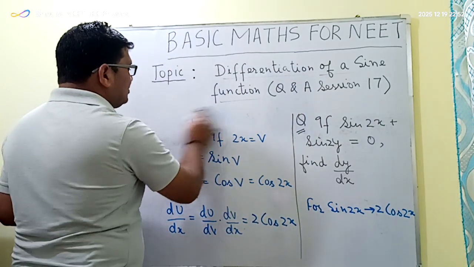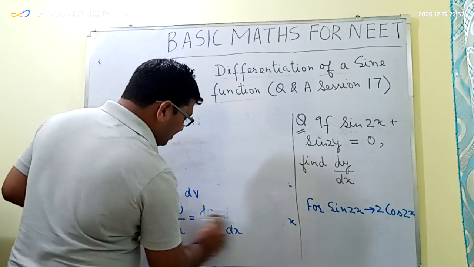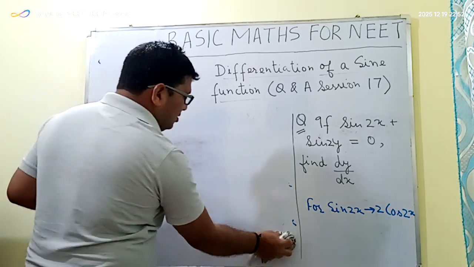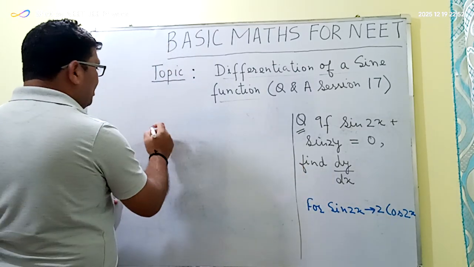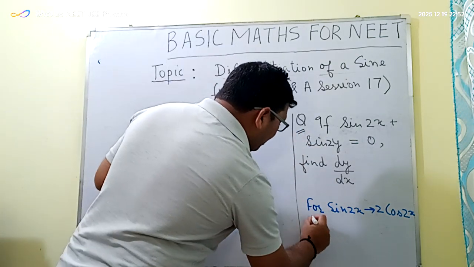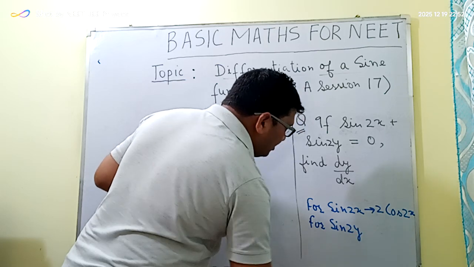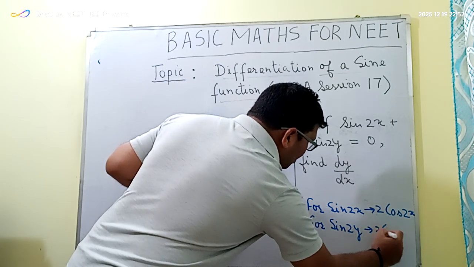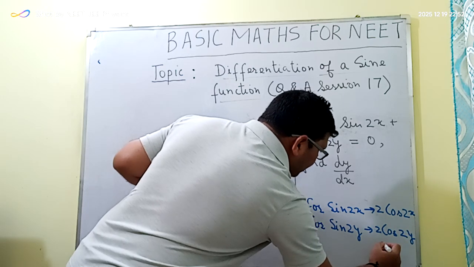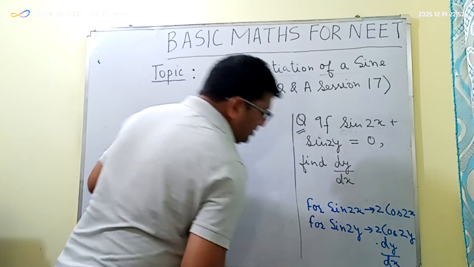Now similarly for sine 2y, I will be getting 2 cos 2y into dy by dx.